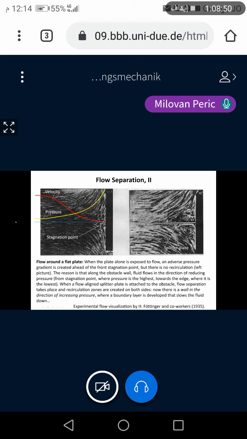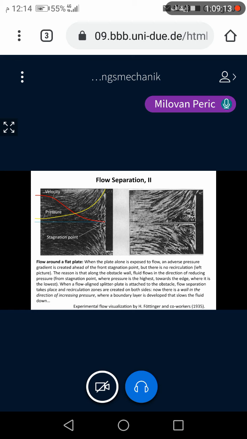Now the flow that comes from left needs to go around this obstacle, and you have a stagnation point in the middle of the plate. And you see here on these flow visualizations that the flow goes up, then separates at the corner of this plate, and goes still further to the side, and then closes in a big separation somewhere behind the plate.